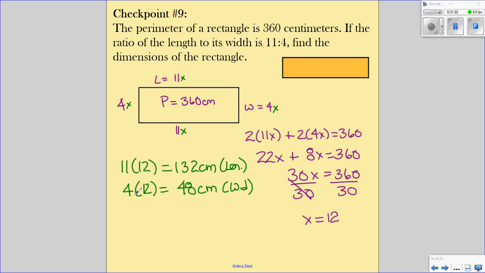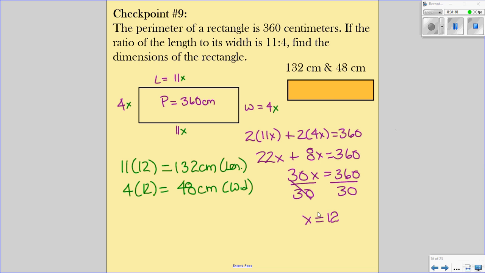So the dimensions are 132 for the length and 48 for the width. Be careful. This is one of those problems where most students mess up because they just add up the 2 sides rather than all 4 sides.